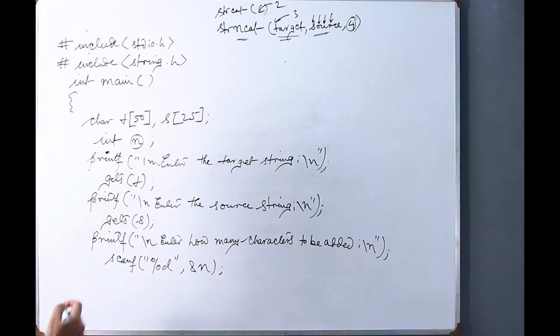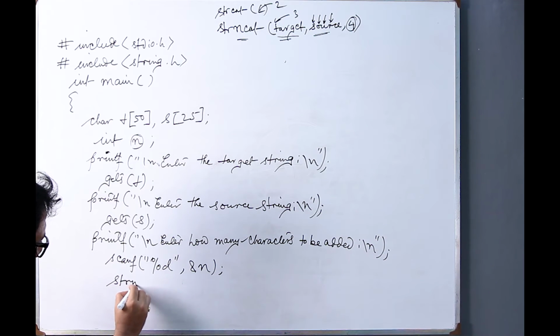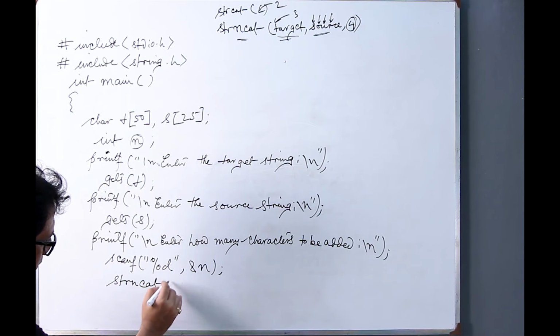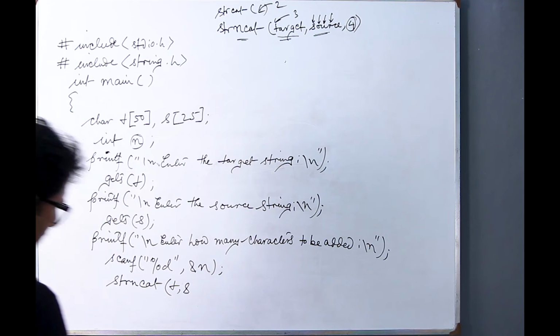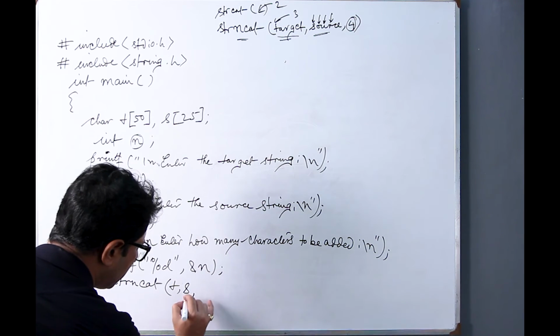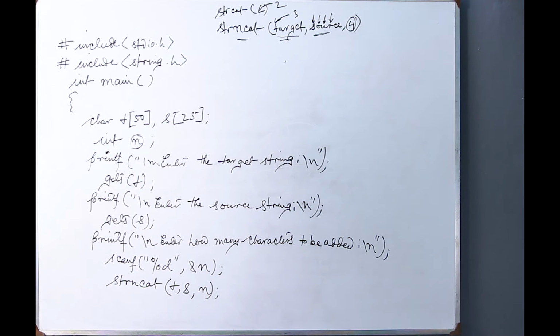Now we'll just call the function strncat(t, s, n). t is the target string, s is the source string. The base addresses of the target string and the source string are supplied as the first and second arguments, and the third argument is n, which is supplied by the user.